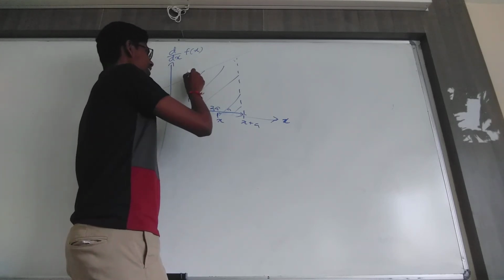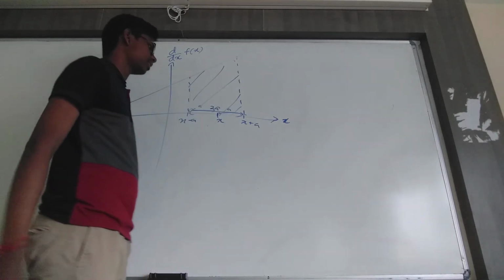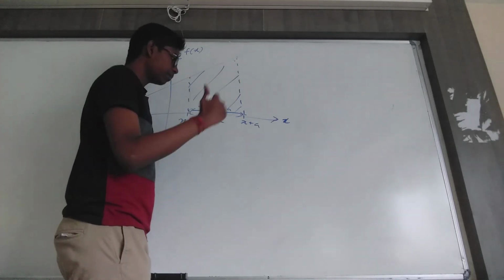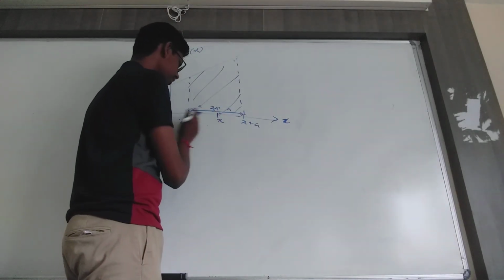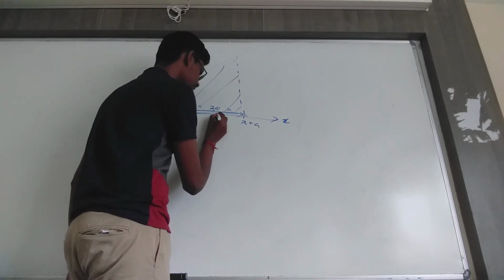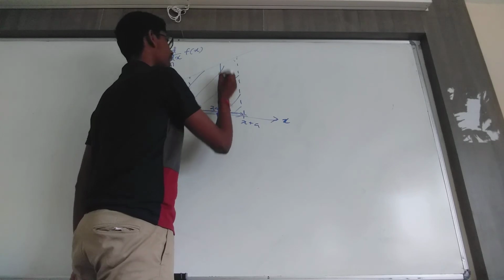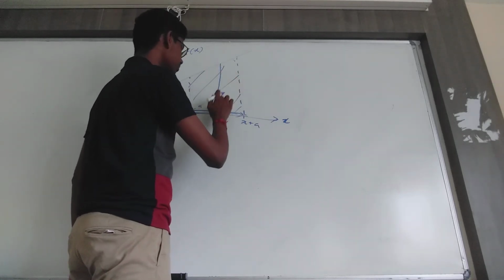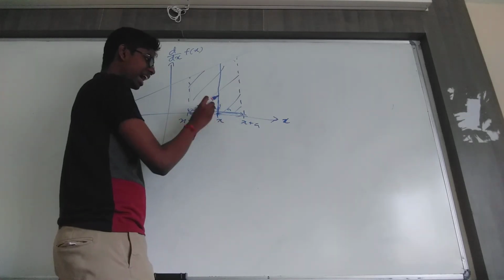So what is the average height? At x minus a, the height is its lowest, and at x plus a, its height is the highest. So the middle height or the average height is the height it has at the midpoint of this line segment, and that is at x. Sorry, this does not look like the midpoint, but that's my intention.